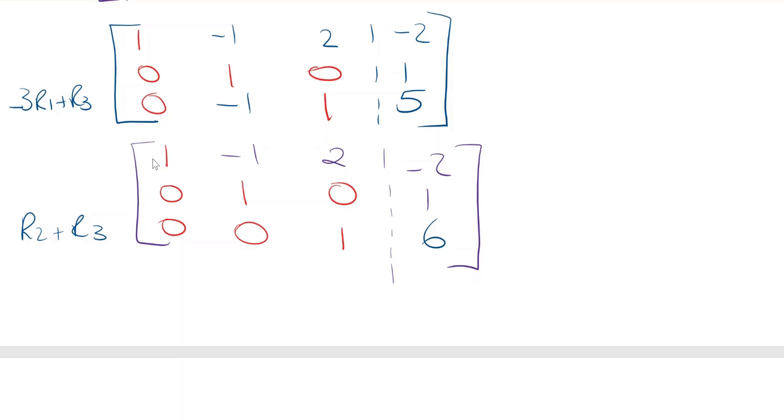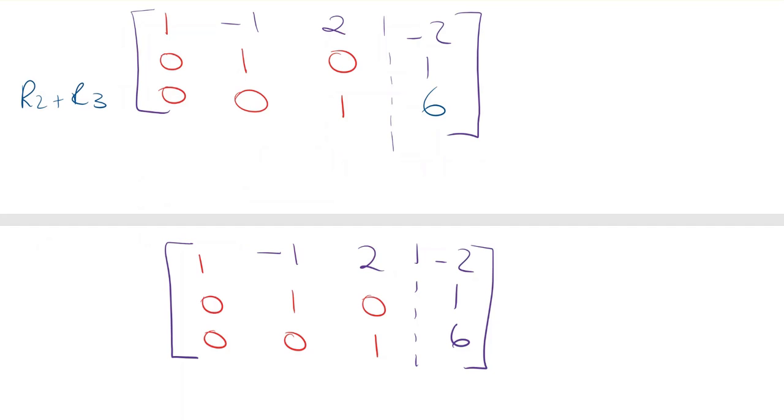Now I need to rewrite my matrix, and I'm looking to change this -1. We need to think what we can do to change this. I can do row 2 plus row 1. If I add these together, 1 and 0 is still 1. -1 plus 1 becomes 0, so I can change this to a 0.